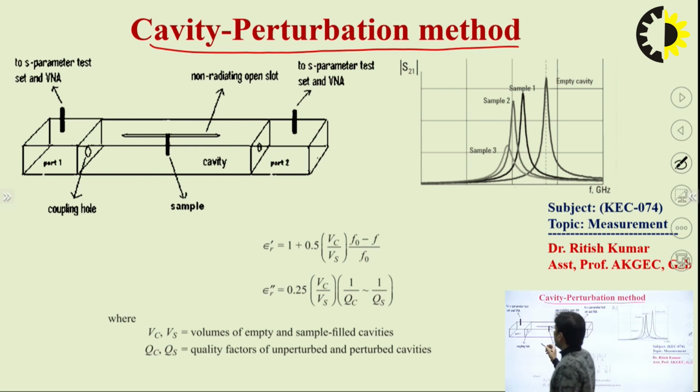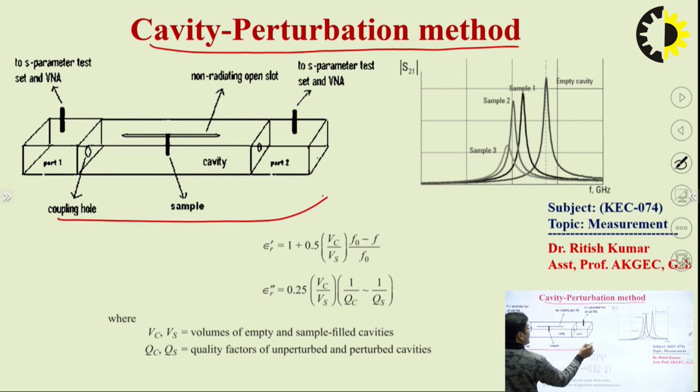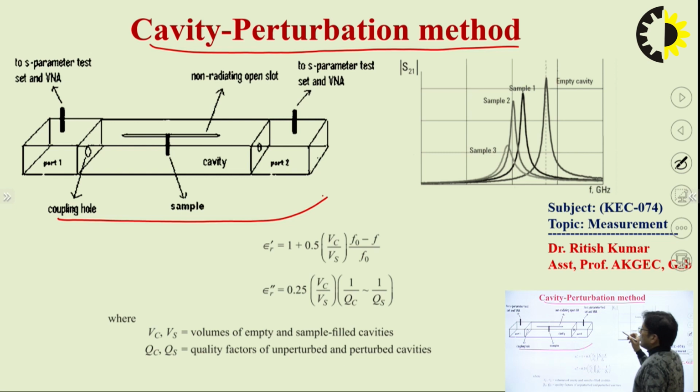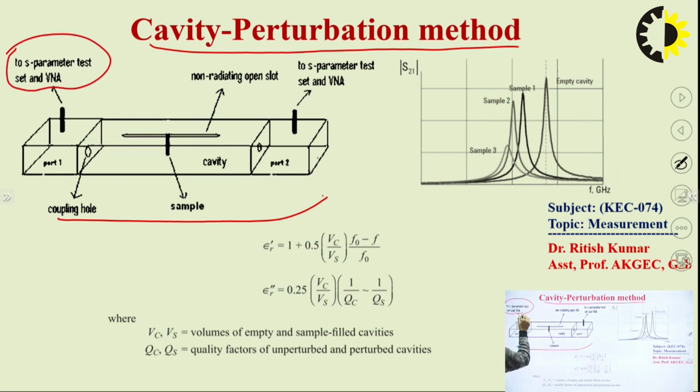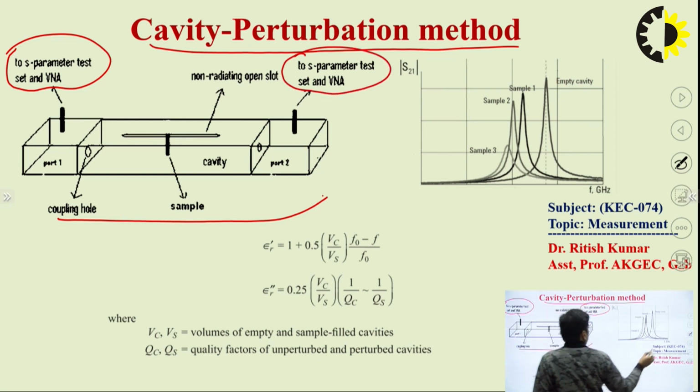This is a cavity, you can see here, a waveguide cavity. This is a coupling hole, which we can also call an iris. Here we have attached a VNA, a vector network analyzer, with an S parameter test set.